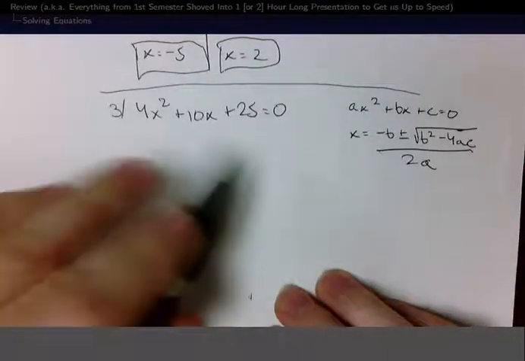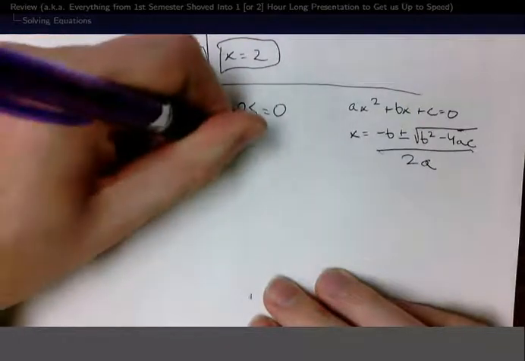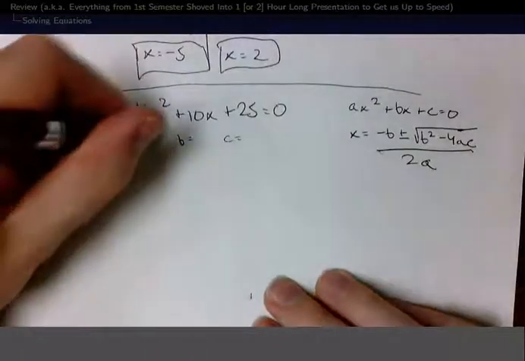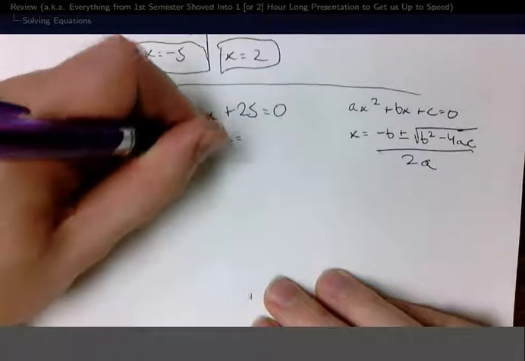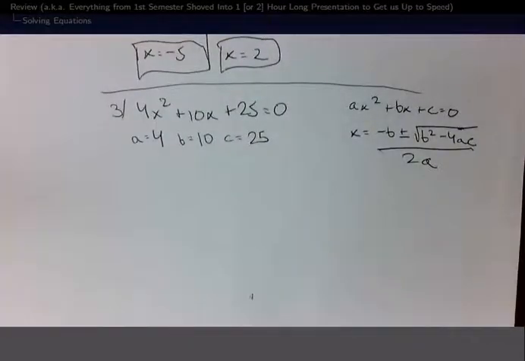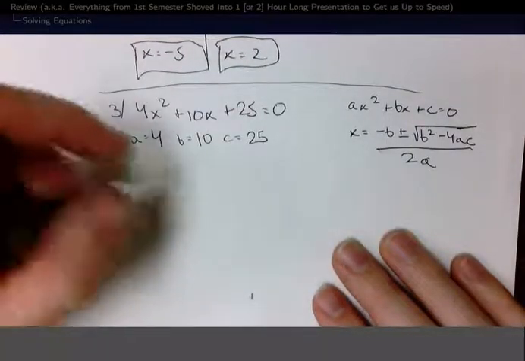At this point, we just need to know our ABCs. I just need to figure out what a, b, and c equal here. a is whatever is in front of my squared term, so that's 4 in this case. b is the middle term, so that's 10. And c is the constant term, so that's 25.